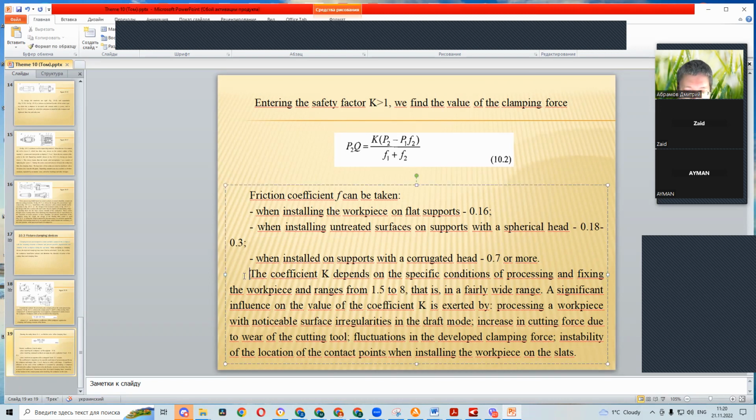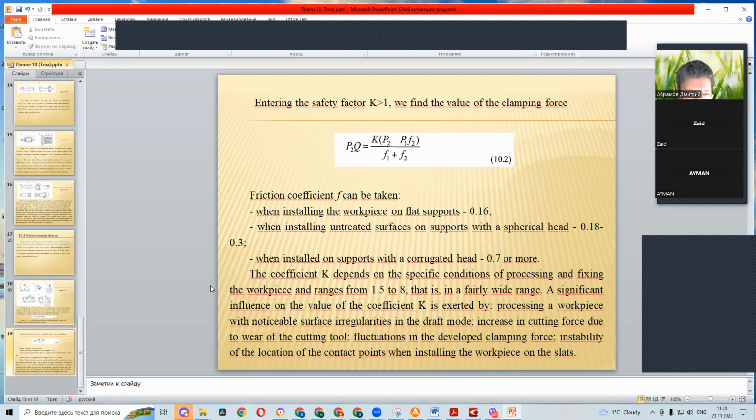The coefficient K depends on the specific conditions of processing and fixing the workpiece and ranges from 1.5 to 8. That is a fairly wide range.